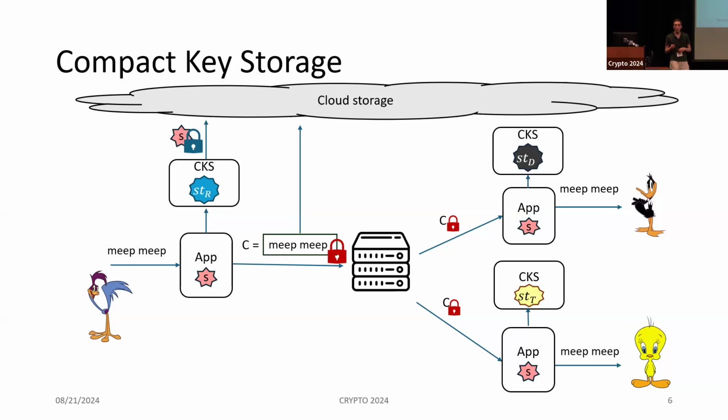All of the N parties do this, but importantly, only one party actually needs to upload something to the cloud. So our entire scheme has constant cloud storage and bandwidth in the number of parties involved in a group chat.